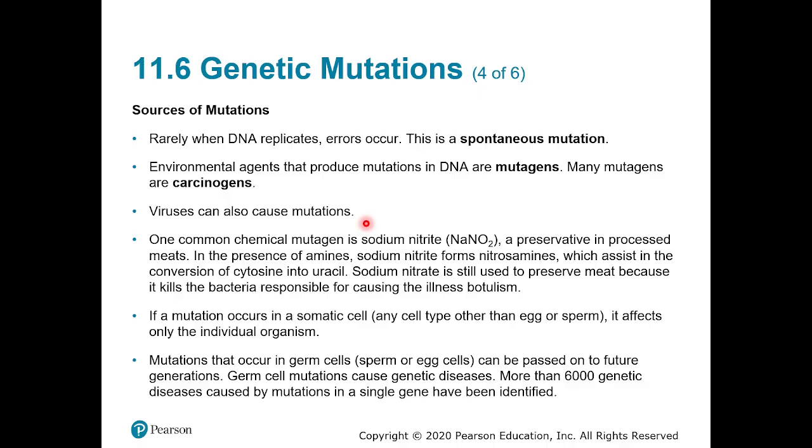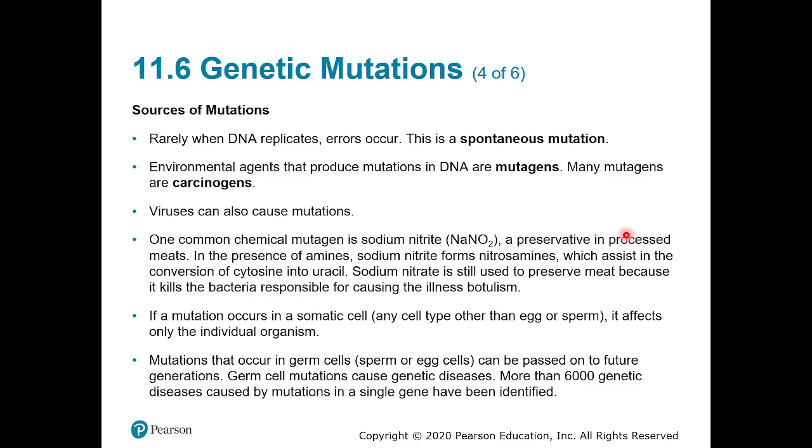So viruses can also cause mutations because they can alter our DNA. In fact, that's how many viruses function: they inject either RNA or DNA that's then going to be read by your body. And one common chemical mutagen is actually sodium nitrite, NaNO2. This is a preservative in processed meats.